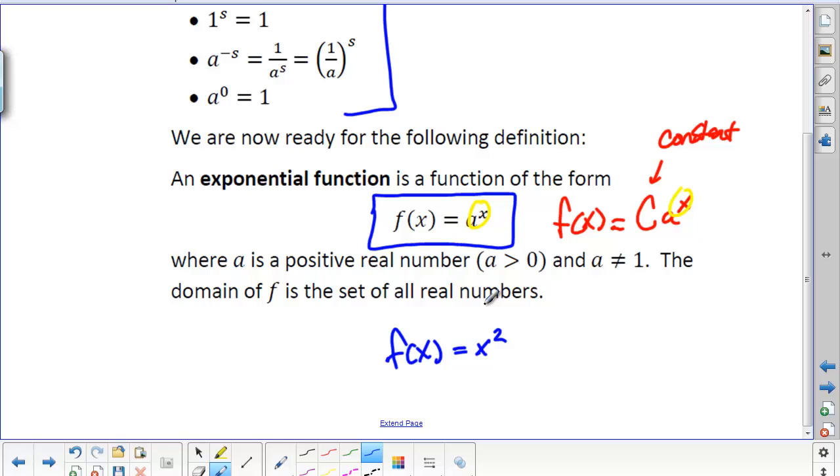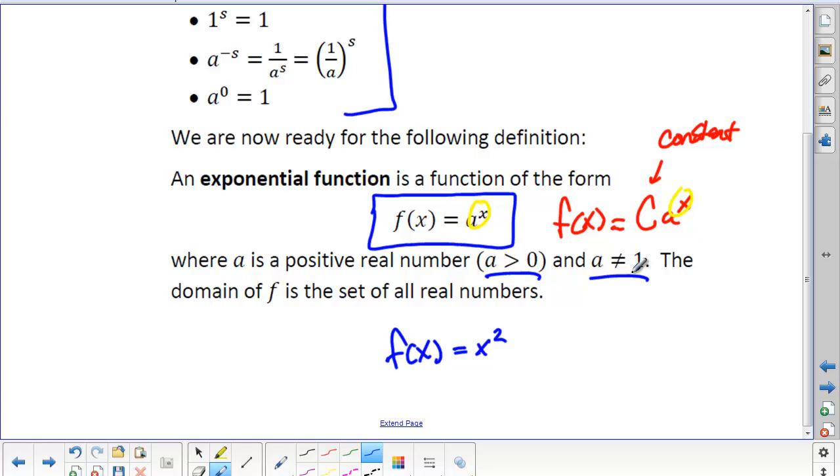Here, if it's an exponential function, that means the variable is in the exponent, a raised to the x power. And there are some restrictions on that variable a. It's a real number, a greater than 0 and not equal to 1. And we'll talk about that here in just a minute as well. But that's our exponential function.